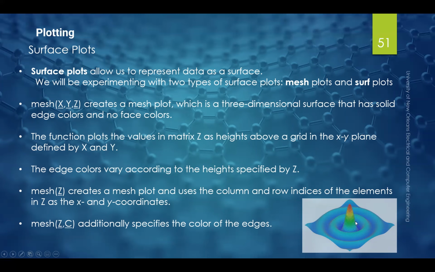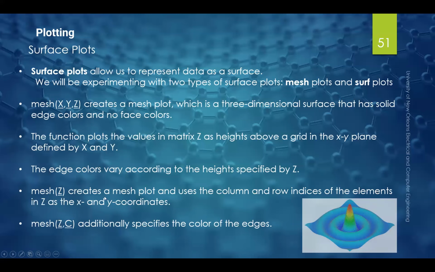From a bird's eye view, at the center you will see red. Next to the center, you're going to start to see yellows, and then going further away from the center, you will start seeing green. And then going towards the edges, you're just going to see blue, right? So that's why we're saying here that the edge colors will define the heights, right?